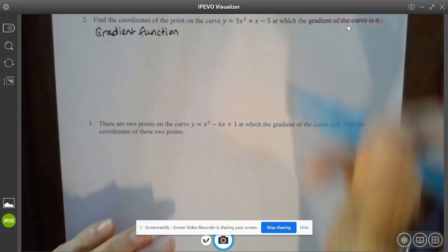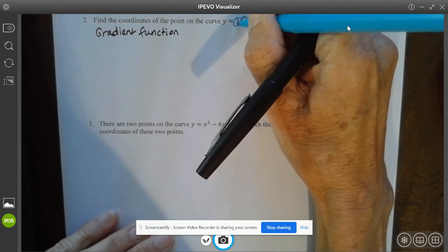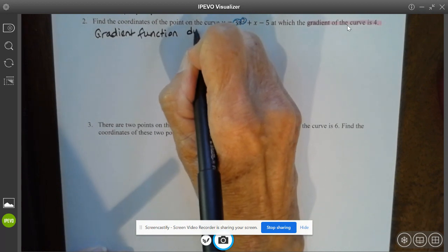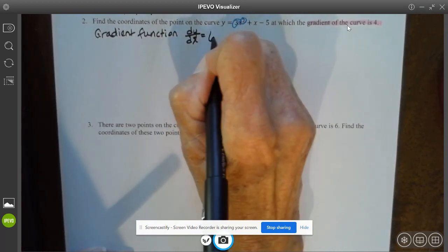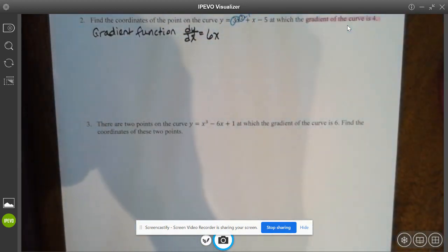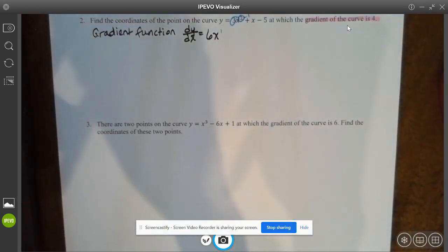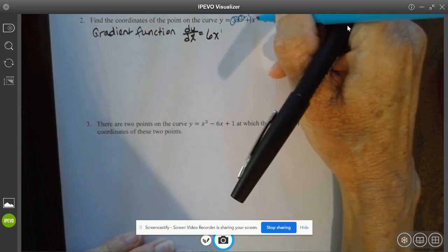Again, you're going to say the first term is 2 times 3. So we name the gradient function a different name. 2 times 3 is 6x. Now we have to subtract the 1 from there. So 6x to the first power, and I'll just put it there so you know what I did. Plus, this term here is a 1x to the first power.